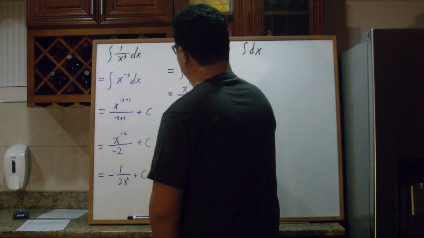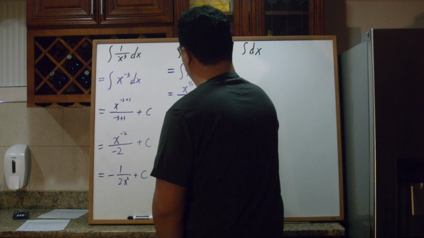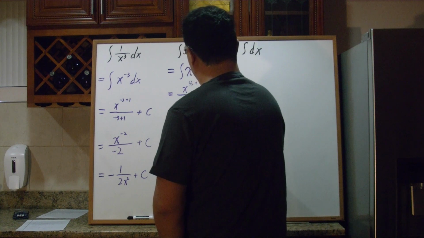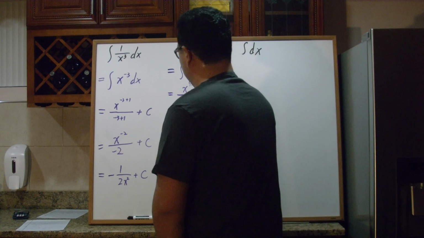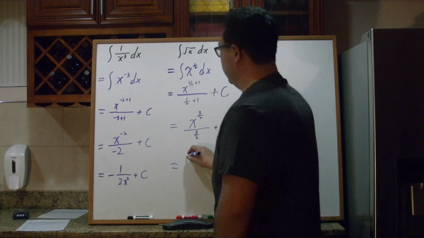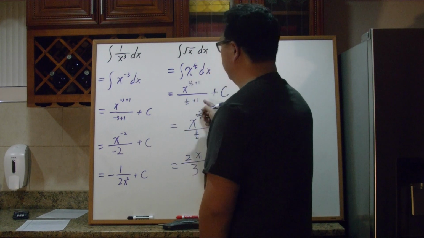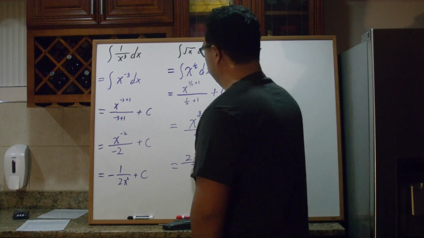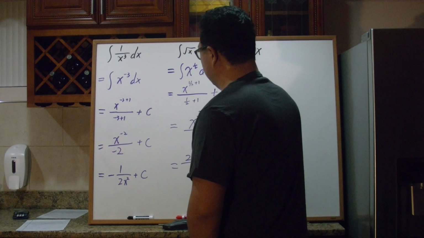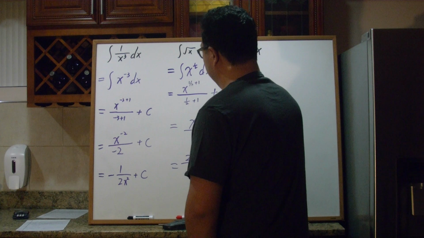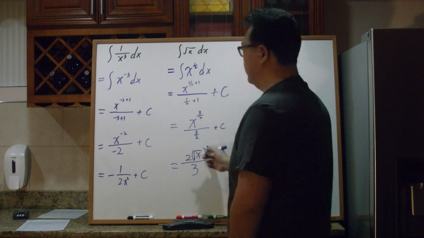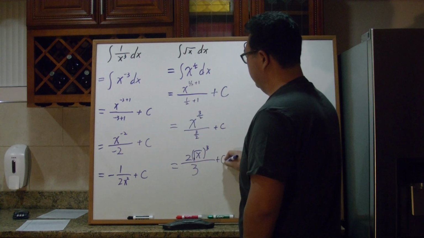So we get x to the 3 over 2 over 3 over 2 plus c, and we could flip it to 2/3 x to the 3/2. If you want to write it as radicals, that's 2/3 times the cube of radical x.